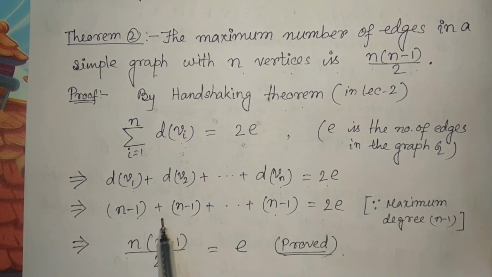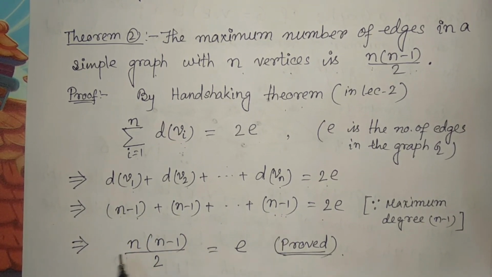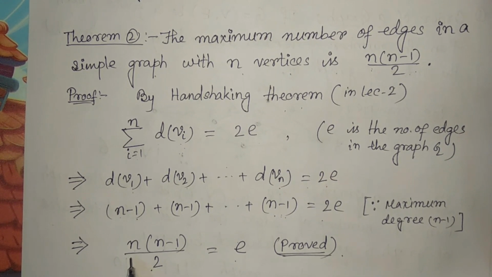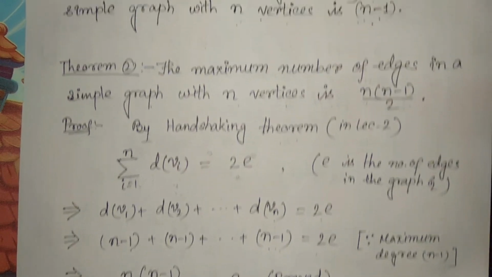If we add all these n-1, this is n times. So adding n-1 n times, it becomes n(n-1) equals 2e. Now if we take this 2 to the other side, we find n(n-1)/2 equals e, which proves our theorem.